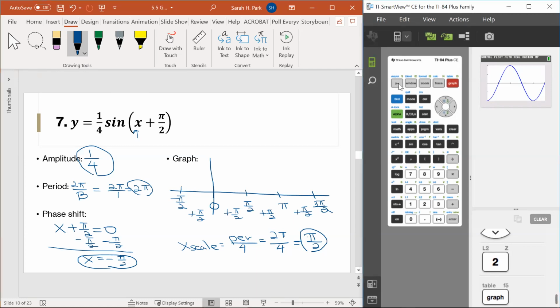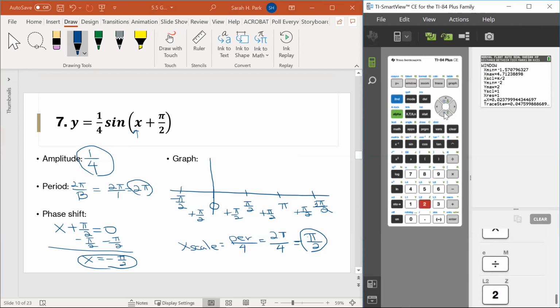So let's put this in: 1 over 4 sine, parentheses, x plus pi over 2. Go to our window. I'm going to start at negative pi over 2 because that's our phase shift. I want to start at my phase shift. And our maximum is 3 pi over 2. Our x scale is pi over 2.